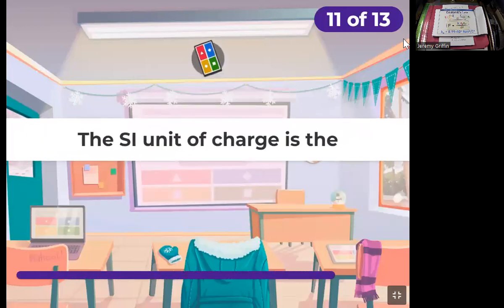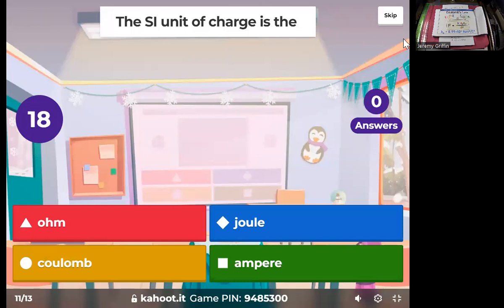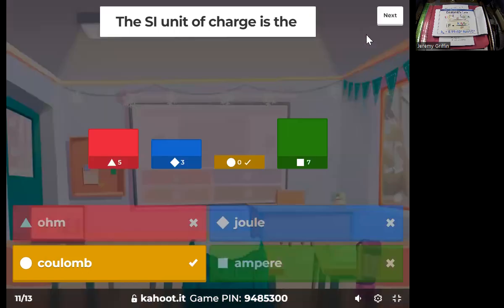The SI unit of charge is... oh no, nobody got that.